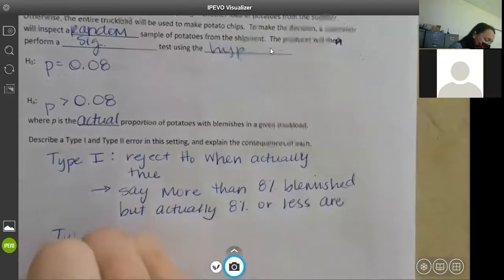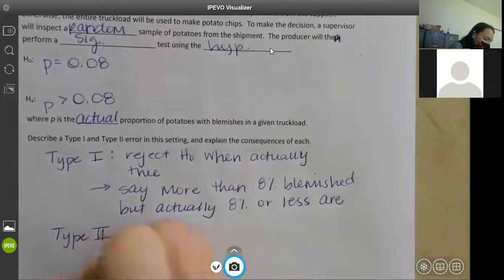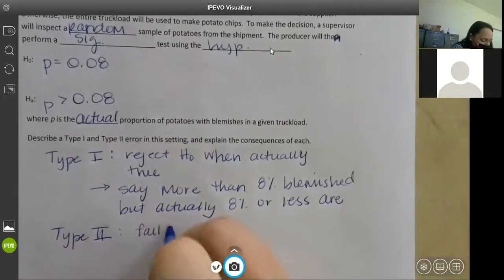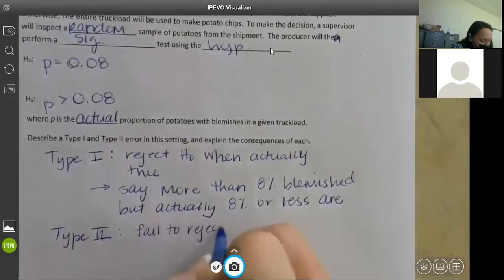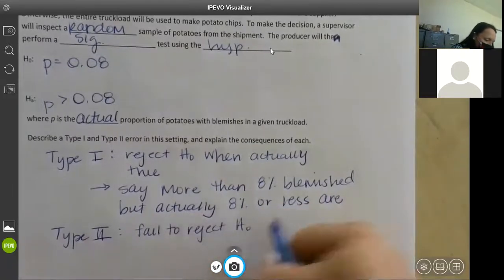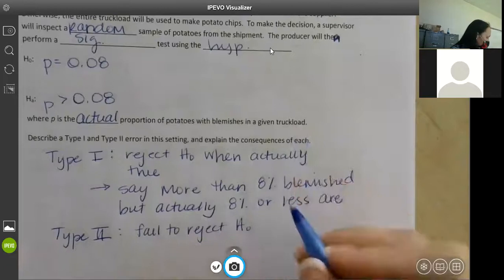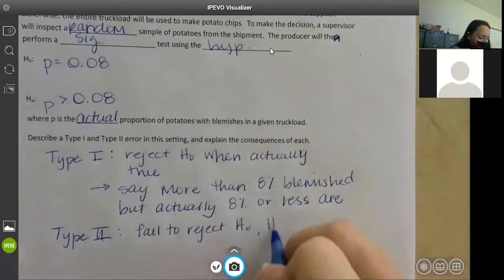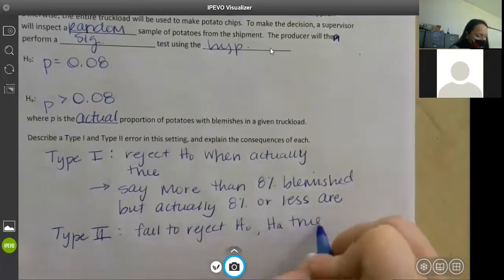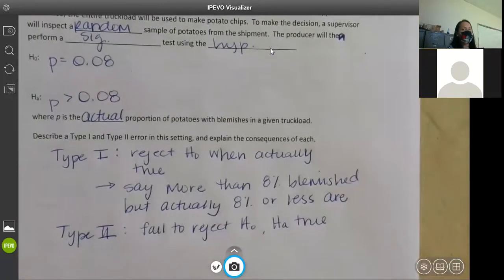Type 2 means that we fail to reject H sub O when H sub A is actually true.